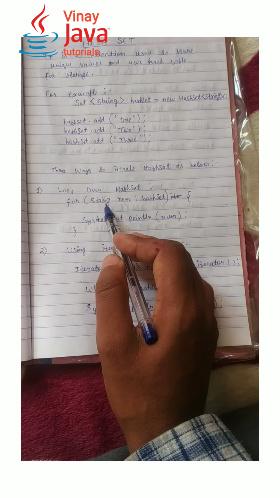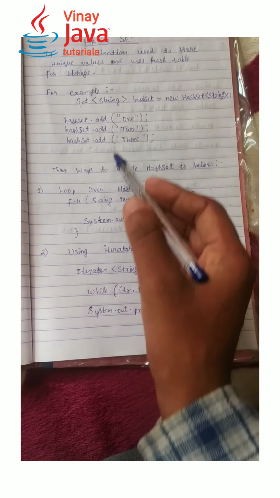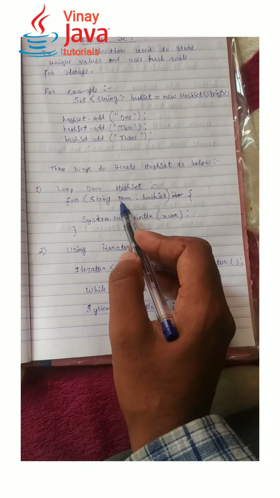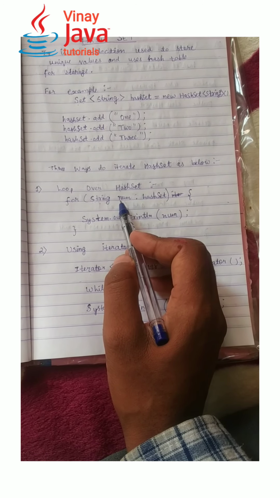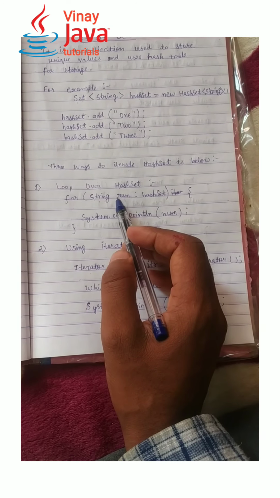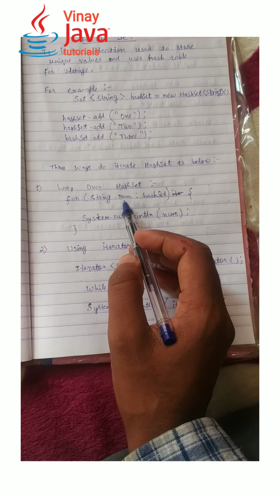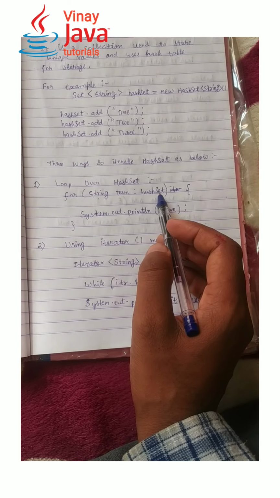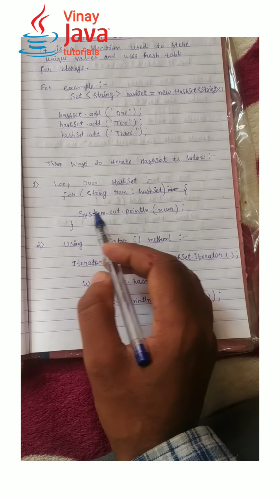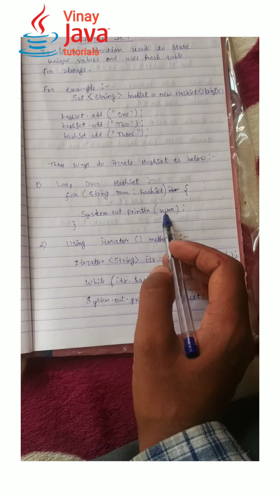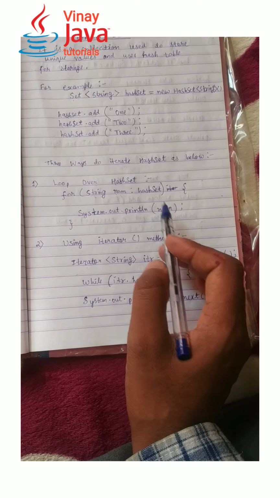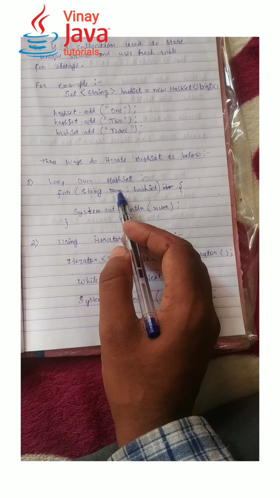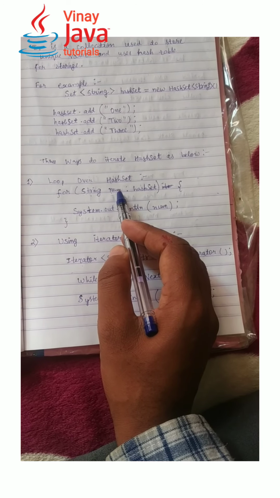I have used string type here, so I will write String. Then this will be any variable which will hold the elements of the hash set, then colon, then my hash set object. Then inside the for loop I will print the elements. One by one it will iterate the values of the hash set.